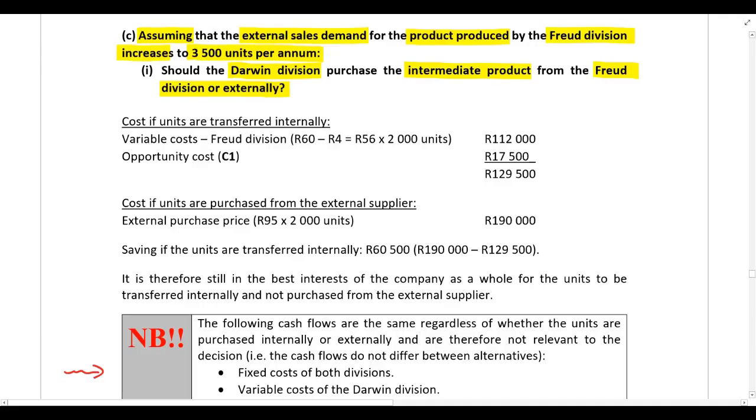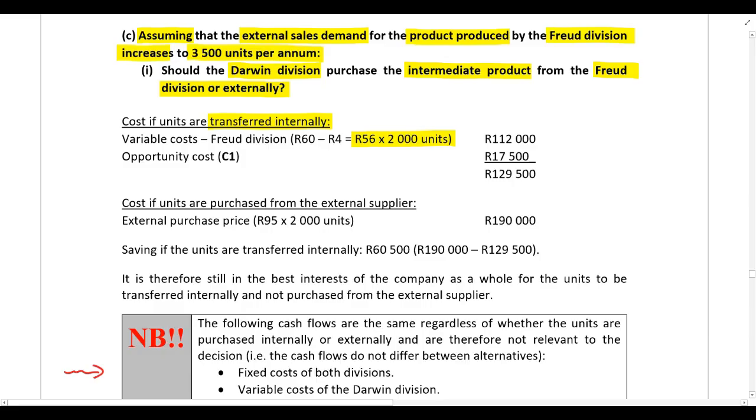Now you'll remember in part A we said that if the units are transferred internally, so if the Darwin division buys the units from the Freud division, the Freud division will obviously have to manufacture these units, so their variable costs will increase as a direct result of the internal transfer. And the variable cost is 56 Rand per unit multiplied by the 2,000 units that are going to be transferred to the Darwin division.